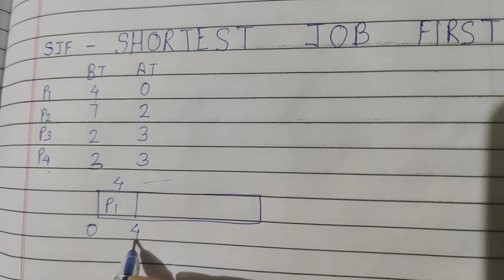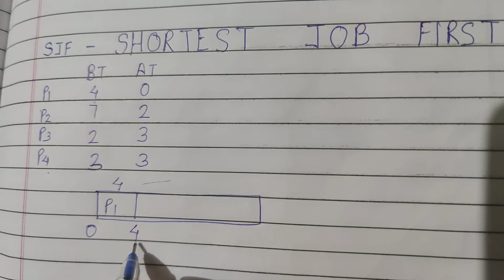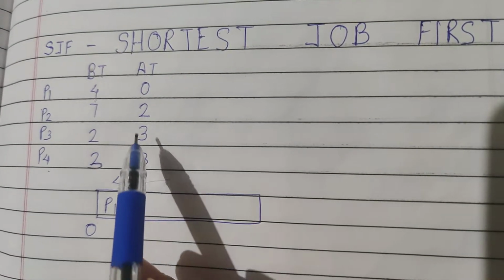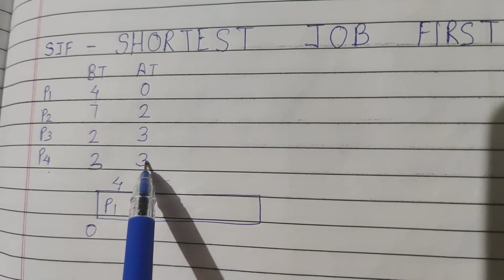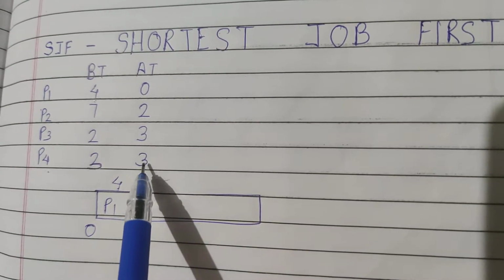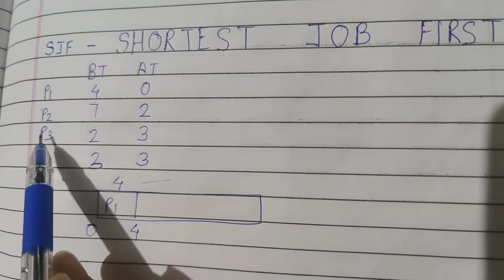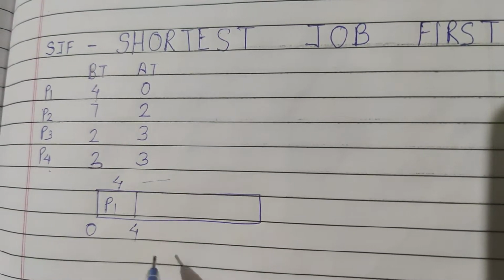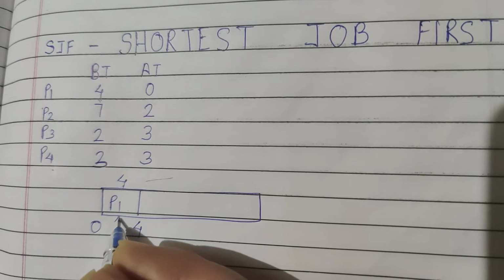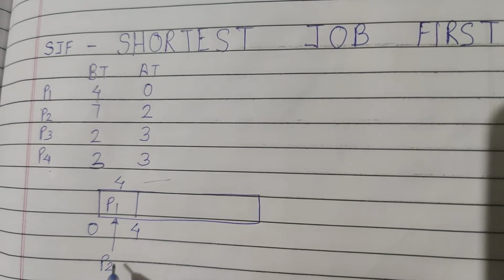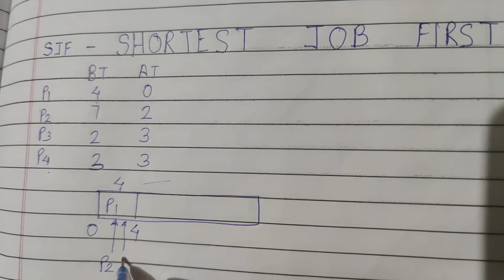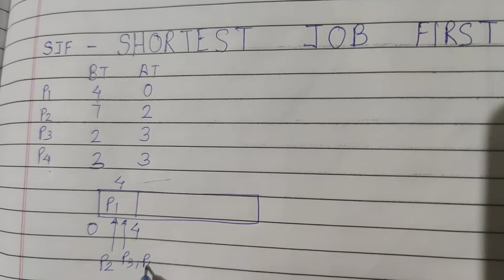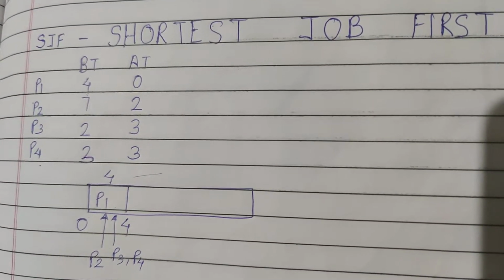Before P1 completes its task at 4, we have to check, are there any processes arriving? Yes. All the remaining 3 processes, P2, P3 as well as P4, have arrived. P2 arrives at 2 and P3 and P4 arrive at 3.